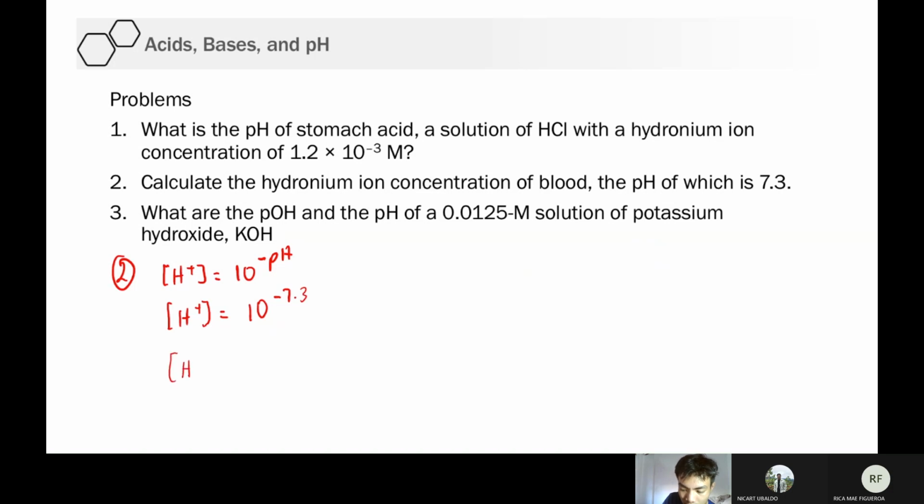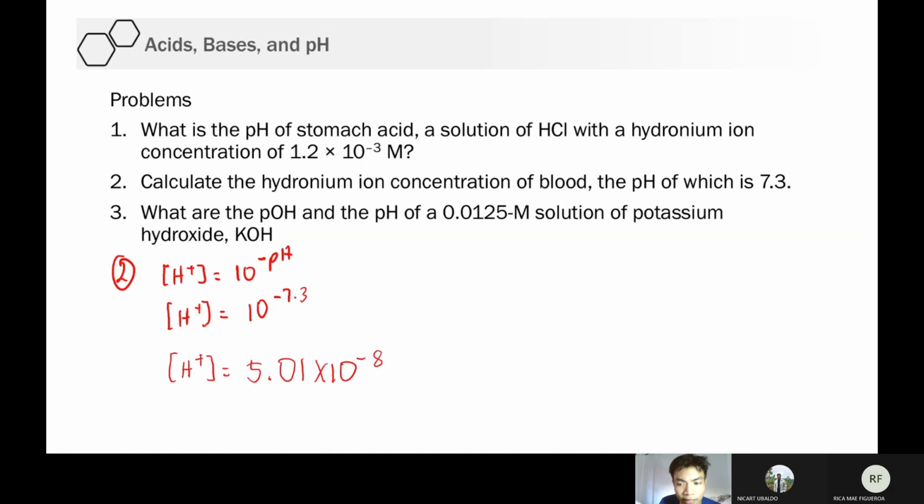So the answer will be 5.0. Since maraming numbers, kahit yung 2 decimal places lang. So 5.01 times 10 raised to negative 8. So that is the concentration of the hydronium ion sa ating blood whose pH is 7.3. Ano yung unit na?